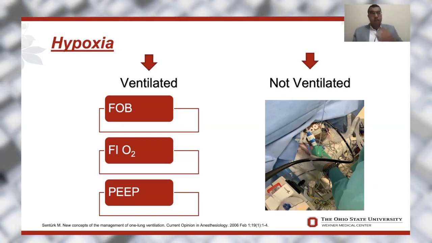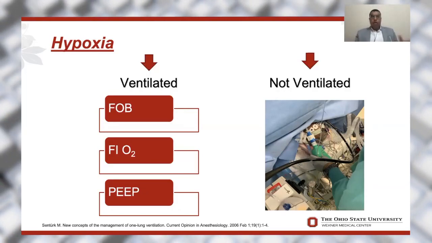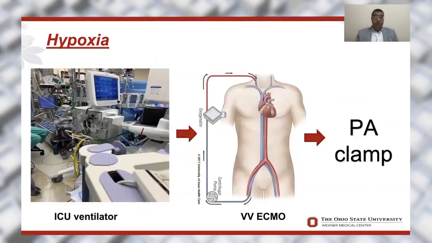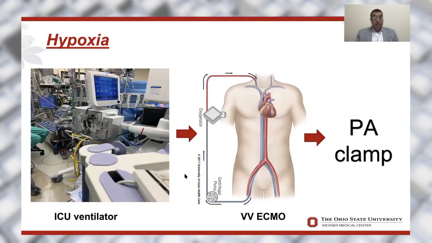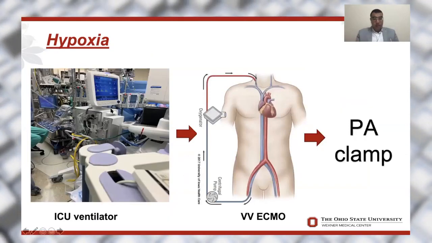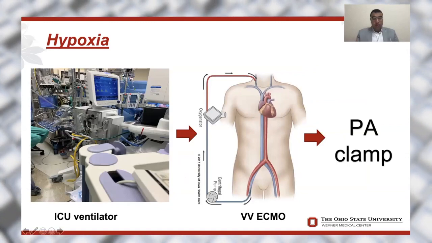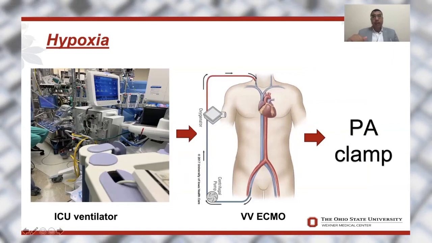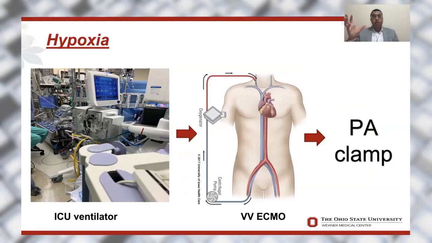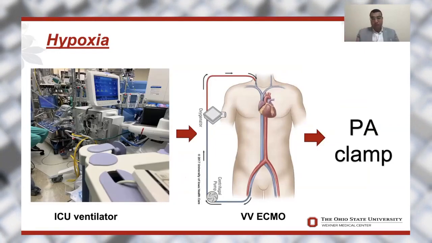After increasing FiO2, increasing PEEP, doing bronch, there is still hypoxia. What is the other solution? First, you can get ICU ventilators. There is a live case from Ohio State. This patient suffered from hypoxia. So we got the ICU ventilator because it can offer you more and more modes, which may improve the hypoxia.